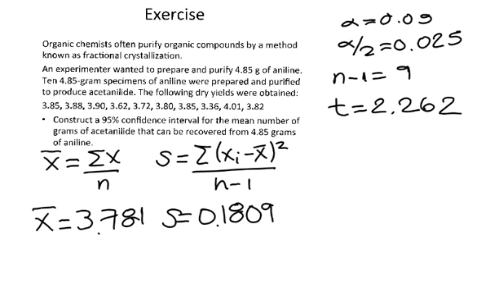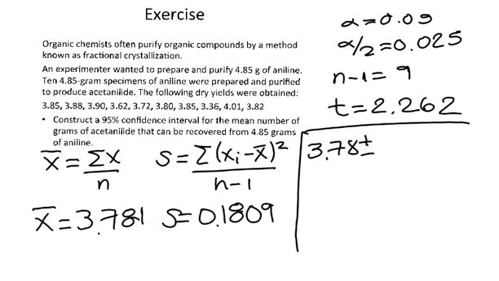So we are going to have a confidence interval with 3.78 plus and minus 2.262 times the 0.18 divided by the square root of 10.